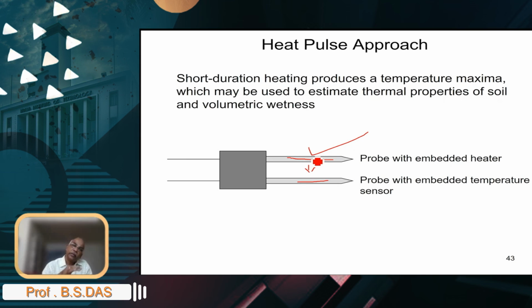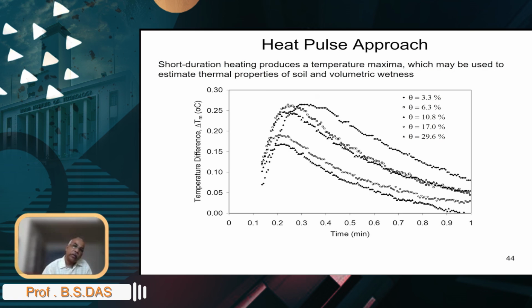What would happen? You have a constant source, and then you shut it down, and so your temperature response is going to increase, and as the source is cut off, it's going to come down, and this is how it looks, depending on what sort of soil wetness you have. The temperature difference from the ambient starting temperature, the rise in temperature because of the heating, if you're doing about 6 to 8 seconds of heating, is typically about 0.5 units of change.